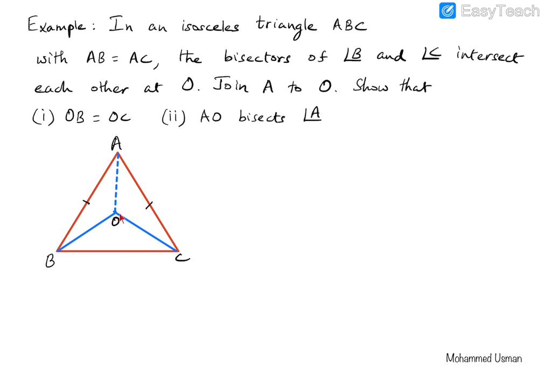We need to show that OB is equal to OC, and also we have to prove that this dotted line AO bisects the angle A as well. This is what we need to prove.